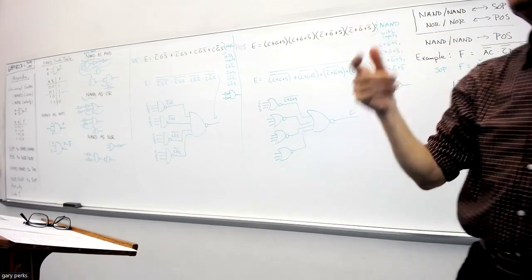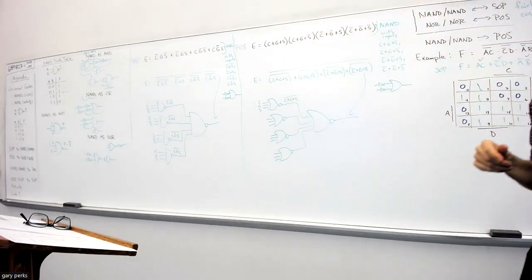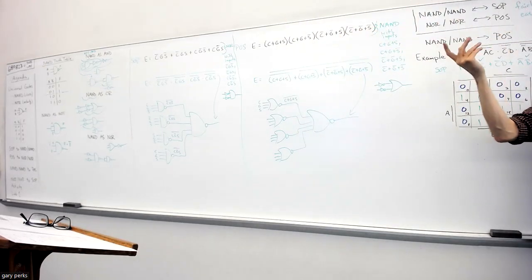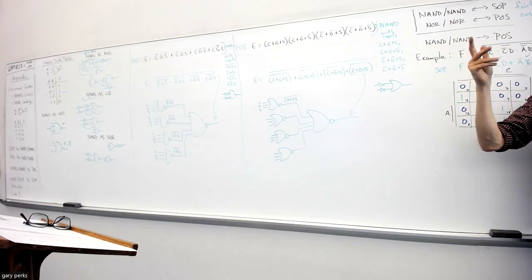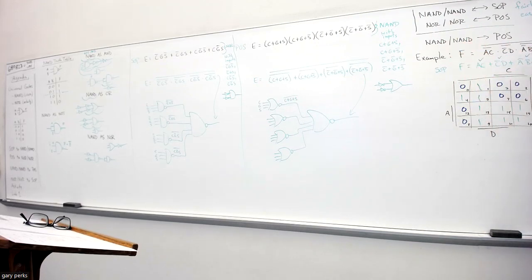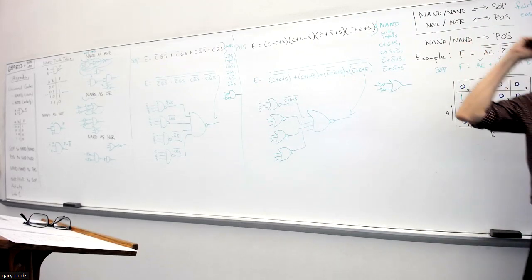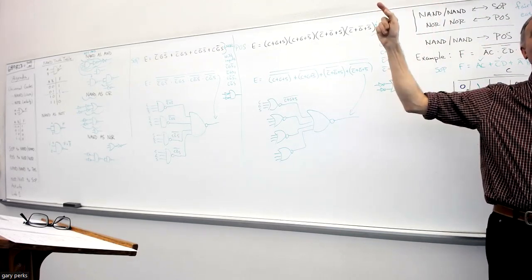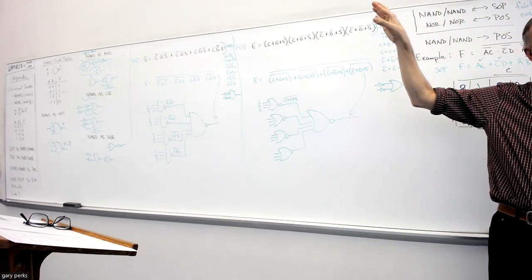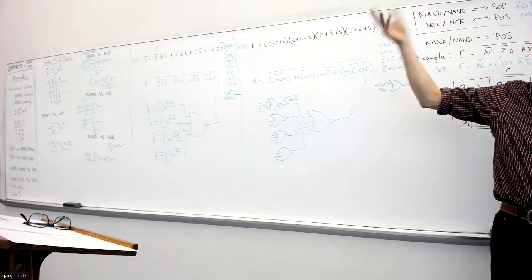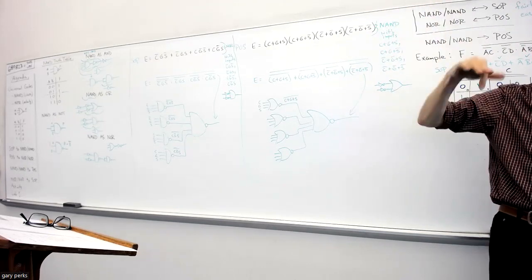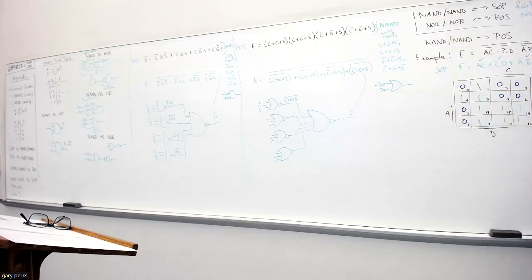Say it. SOP for not F, right? Remember? Right, we've done this a number of times, right? That if you want POS for F, you got to start with SOP for not F, right? Because once you have SOP for not F and you do De Morgan's twice, everything inverts, right? Ands to ors to ands, right?